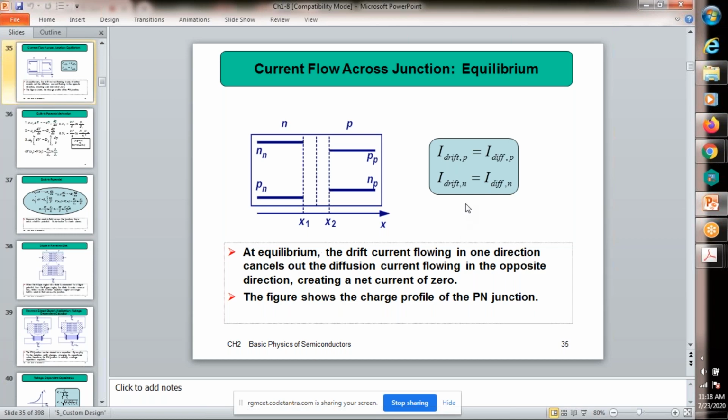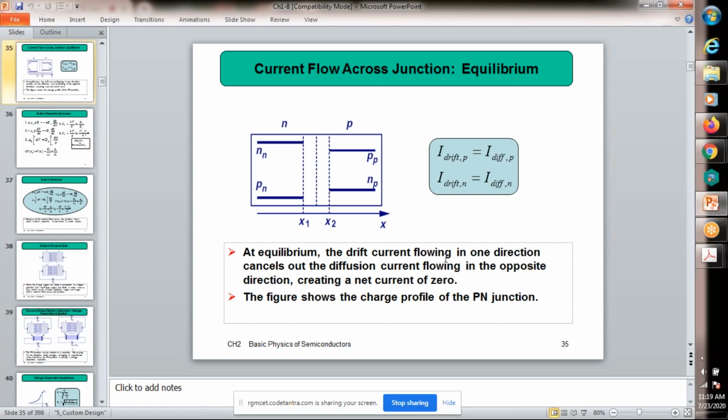This is the condition for equilibrium. We can say the PN junction diode reaches equilibrium when drift current is equal to diffusion current: drift current due to holes equals diffusion current due to holes, and drift current due to electrons equals diffusion current due to electrons.